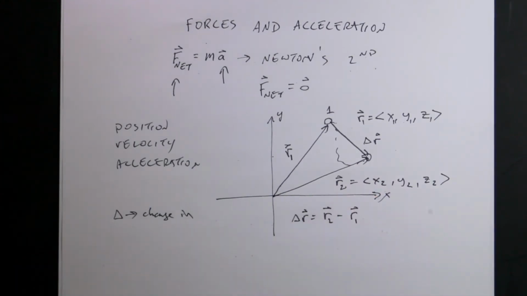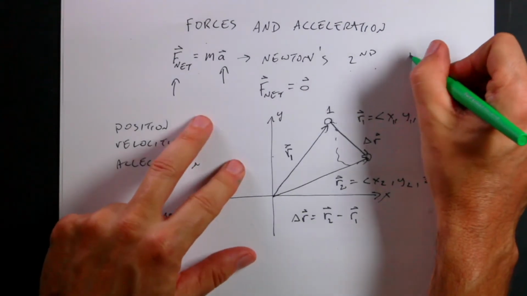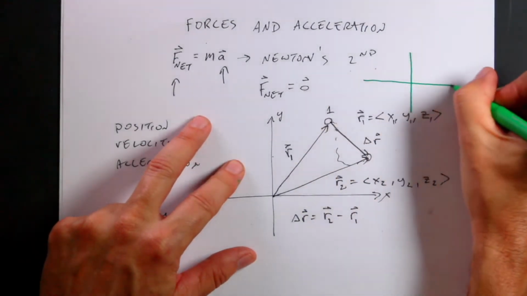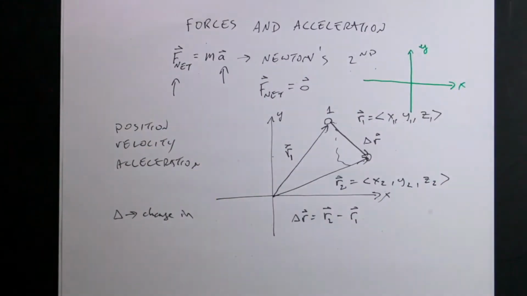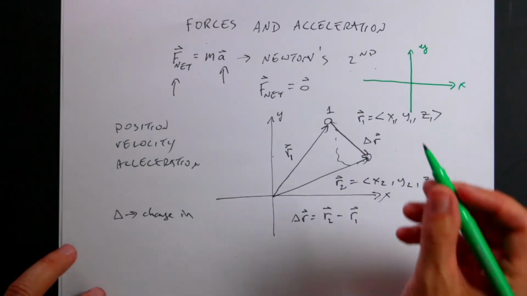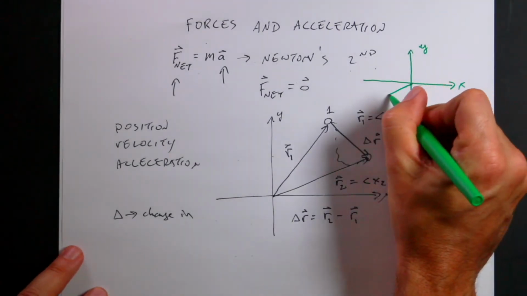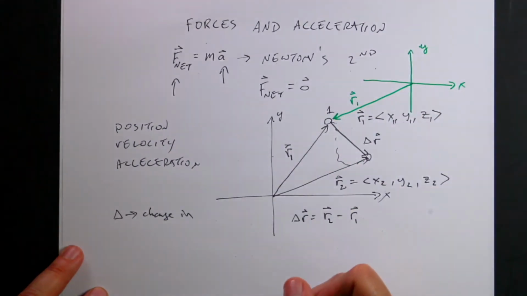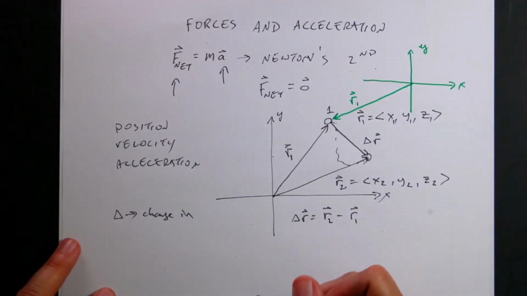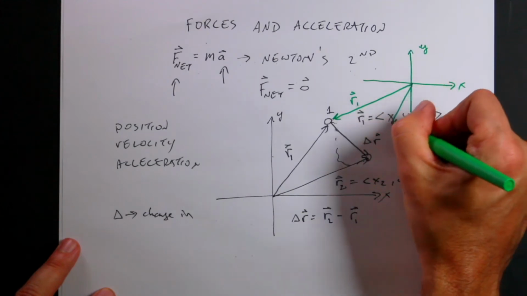Now there's something really important about this. Imagine that I change my color to green, and in green, I have another x-axis. Let's say I put my x and y axis over there, so I have a new origin. In that case, R1 is going to be different. It's going to be the green R1, and the second position is going to be green R2, which is over here.